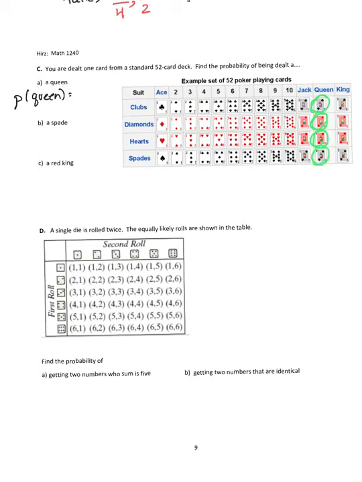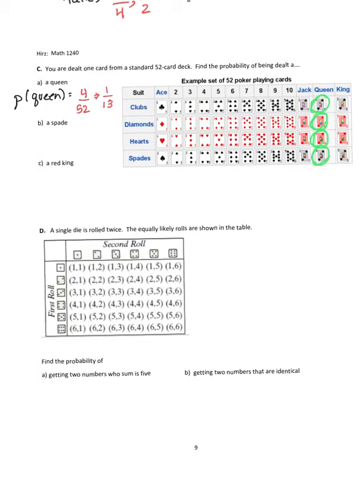So we have 4 queens in a standard deck, and that is out of the total number of cards, which is 52. Put that in your calculator, put that in lowest terms, divide by 4, and we have 1 out of 13. You have a 1 out of 13 chance of pulling a queen.